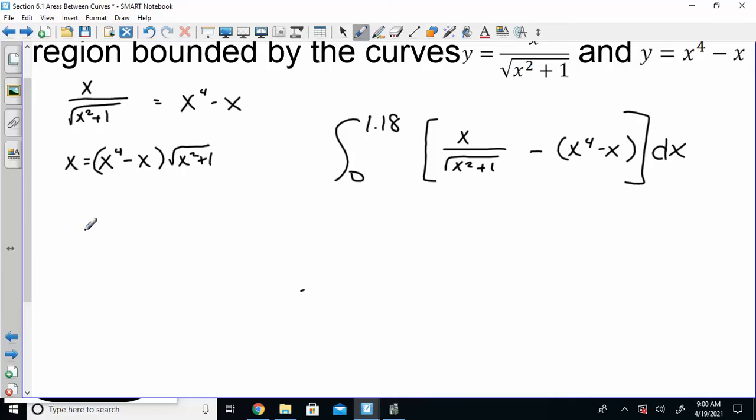I'm going to split up this integral. I'm going to show you why in just a second. We know that if we're integrating, we can do individual pieces. I'm going to run my negative through.